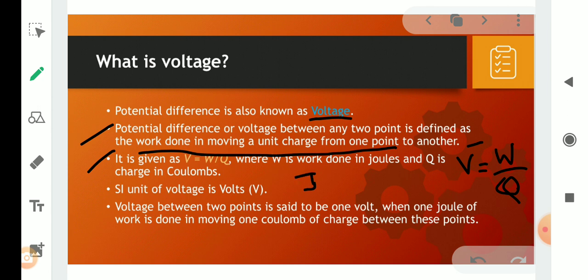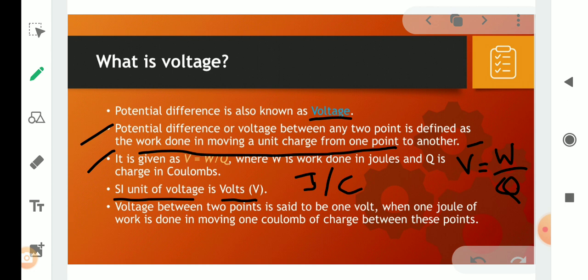The unit of work is joule and the unit of charge is coulomb. So the SI unit of voltage is joule per coulomb, which is also called volt. If it is asked, remember both: joule per coulomb, or volt.